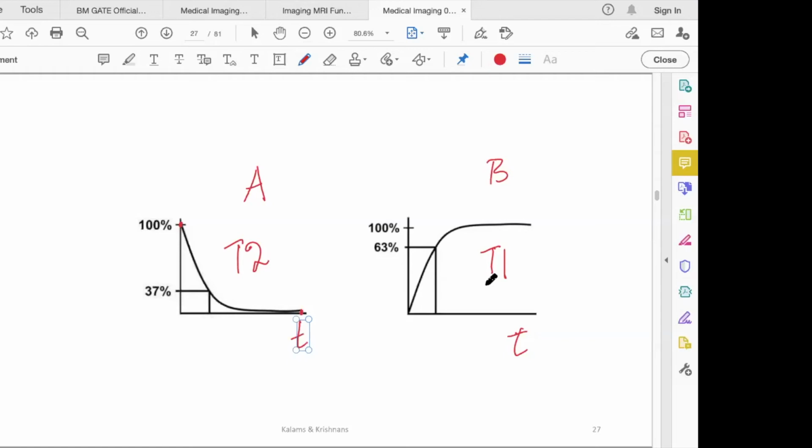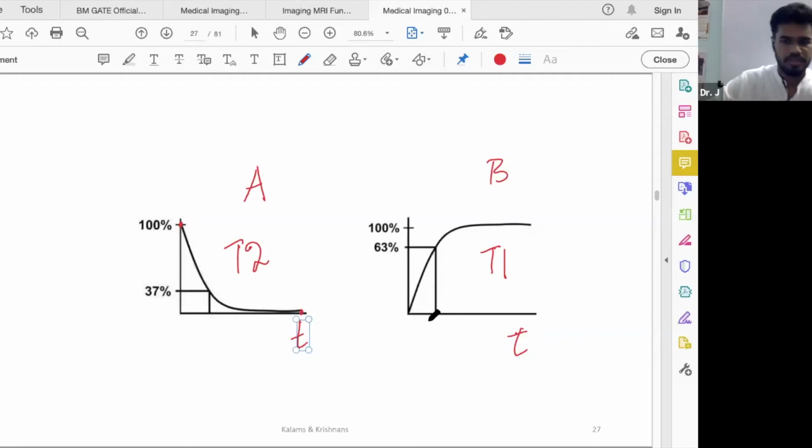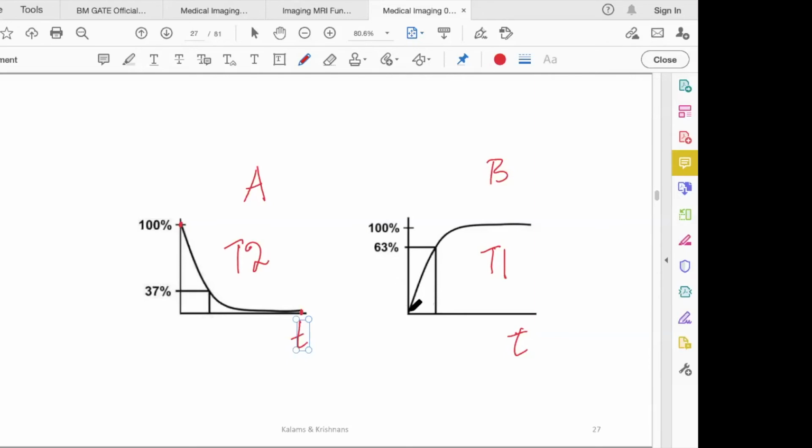If we plot the T1 relaxation for these three, we will have different slopes. So from that we can find these tissues have different relaxation times, and thereby we may be able to distinguish these tissues in the image.